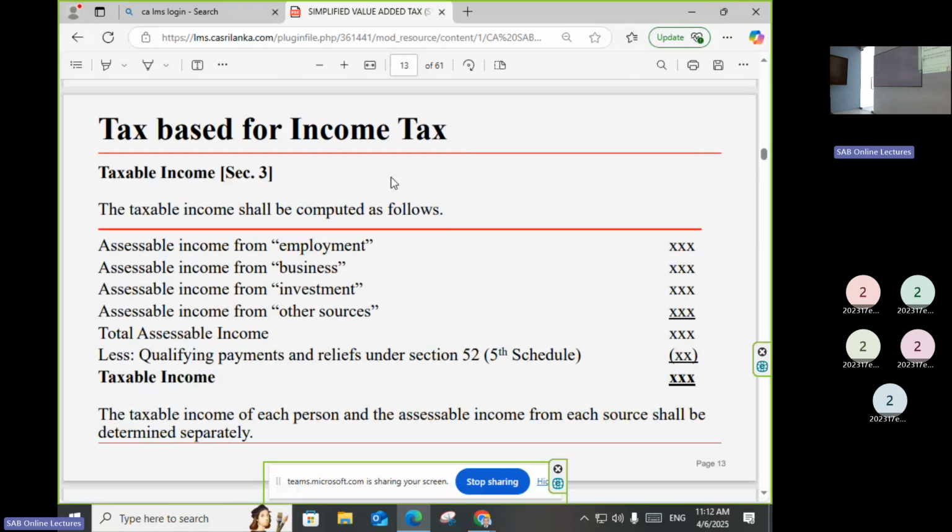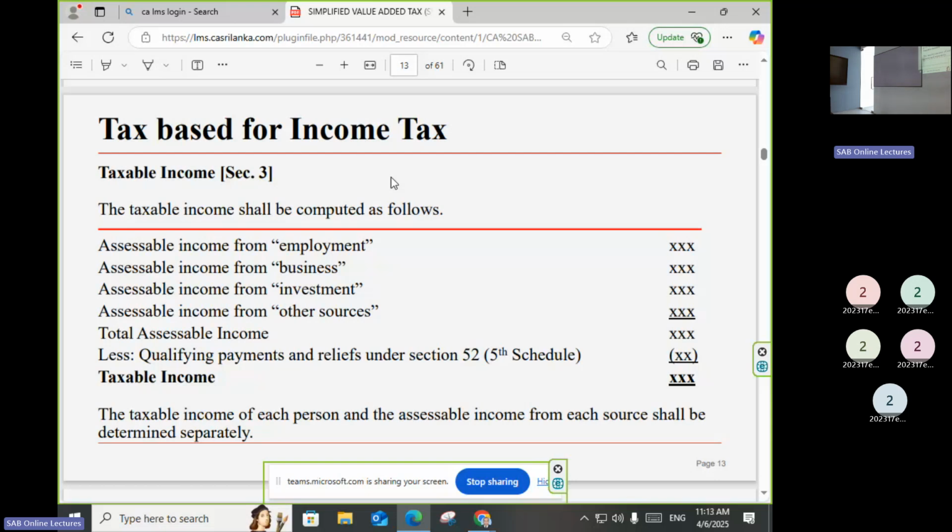Right? So whatever income, it should fall under these four categories. So income is generated only from these four sources: employment, business, investment, or others. Remember.